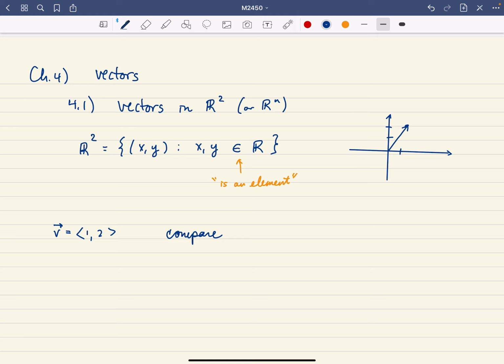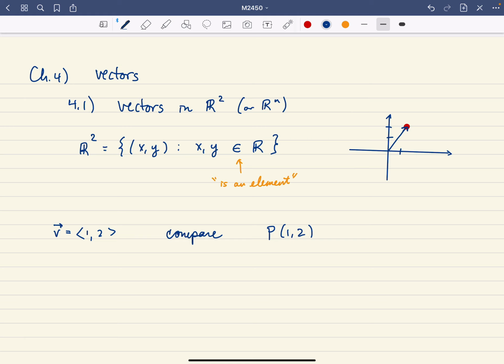That set of instructions is different than the point 1, 2. The point 1, 2 is not a set of instructions. It's just this red point here. It's just sitting there. It's not doing anything. It can't do anything. So I just want to contrast the difference there. Now, there's an obvious correspondence between the vector 1, 2 and the point 1, 2.